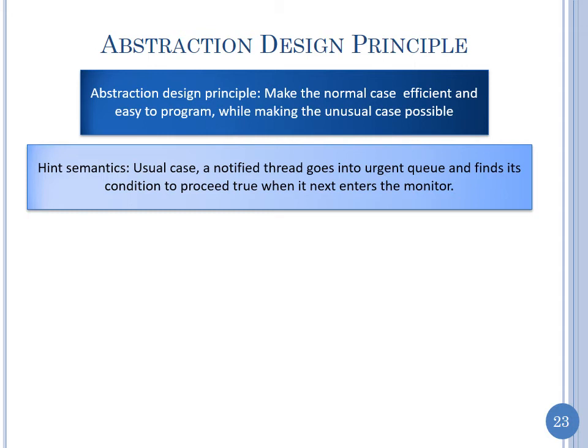And when it next enters the monitor, we expect it to find the condition to proceed to be true. We don't expect it to have been changed by the notifying thread. That is why we waited for the notifying thread to leave the monitor before the notified thread enters the monitor. That's our judgment call. Maybe if we did a survey of programs, that's what we'd find.